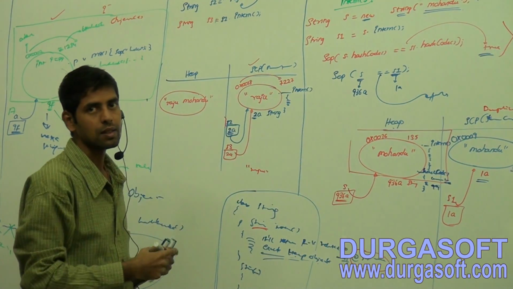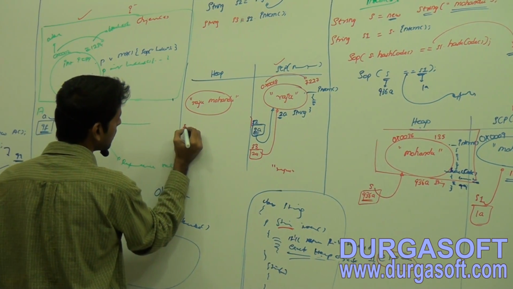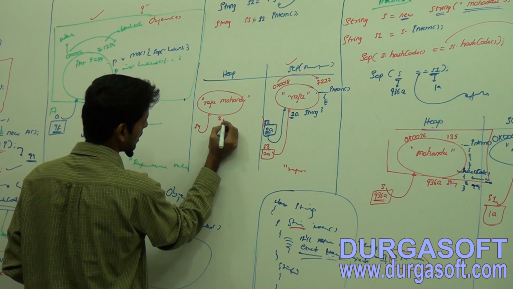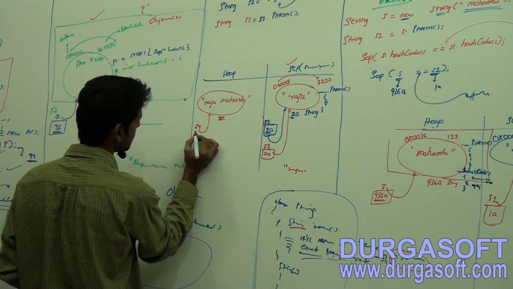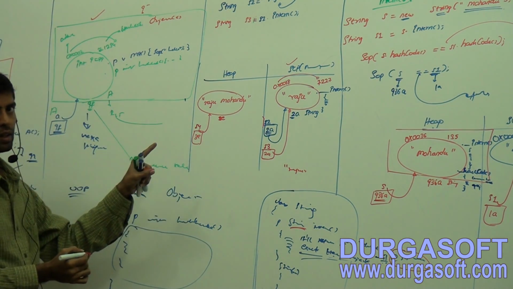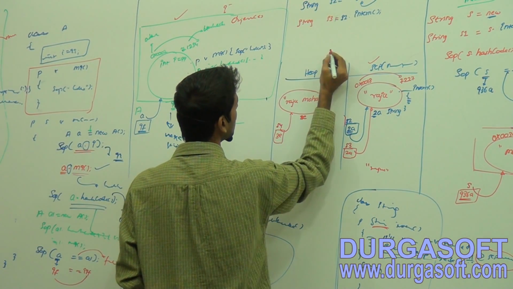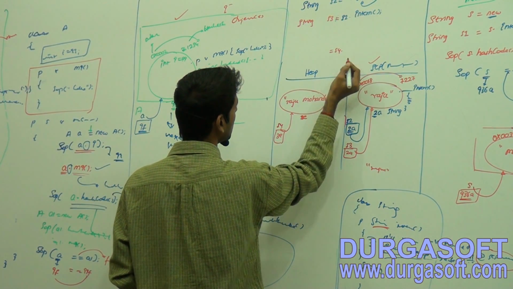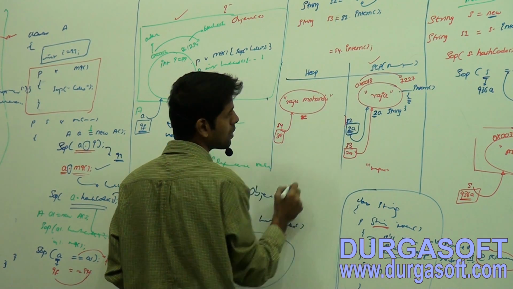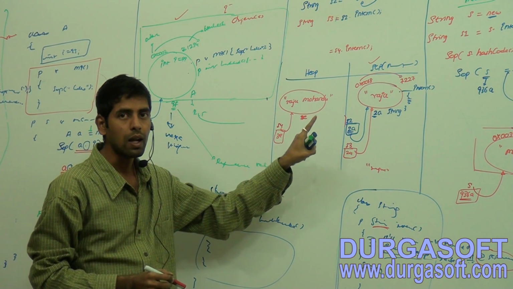Now what happens? Think that this one is referred by S4 having some address, 3e. So S4 value is 3e. Now this is a heap object. Can I call S4.intern? Definitely you can call. No issues.